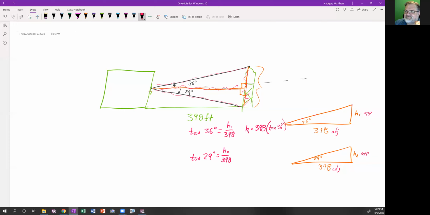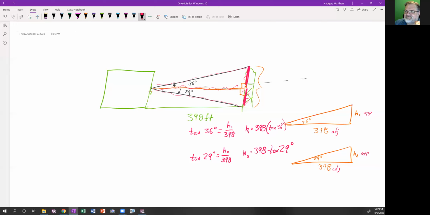The tangent of 36 degrees. So that product would give us this height 1. Again, multiply both sides by the 398. 398 times the tangent of 29 degrees. That value is going to give us the lower portion below our eye line.